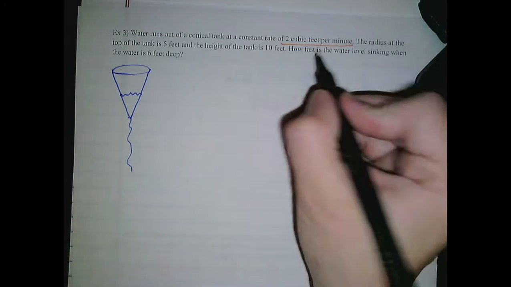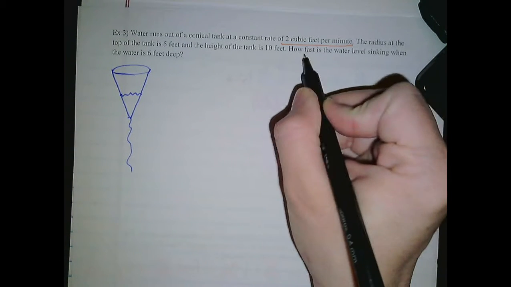And they want to know how fast is the water level sinking when the water is 6 feet deep. So when we see how fast is something changing, we know that that's going to be the rate that we're looking for. So we're talking about how fast the amount of water in the tank is changing. And when we're talking about the amount of water in a conical shaped tank, then we're talking about the volume of the water.